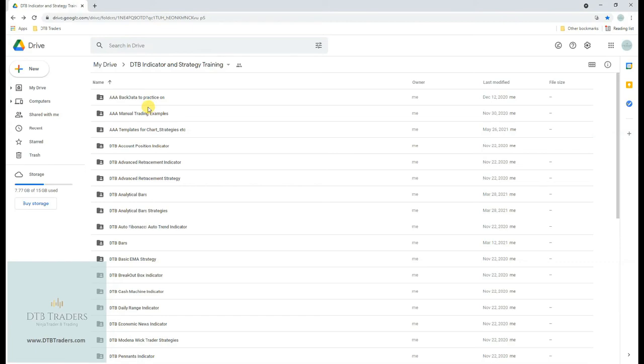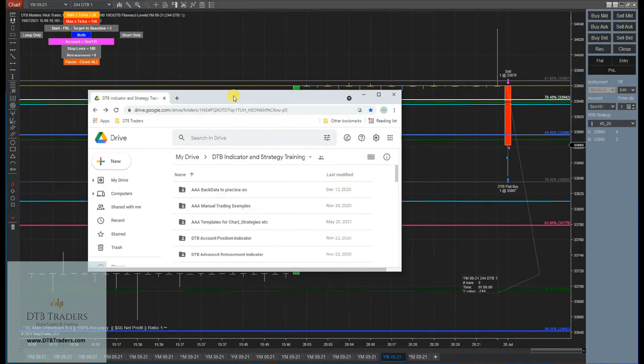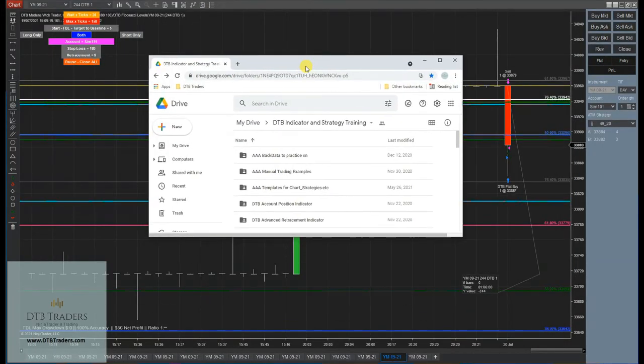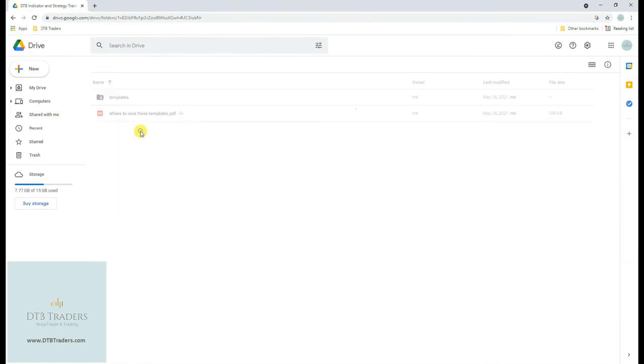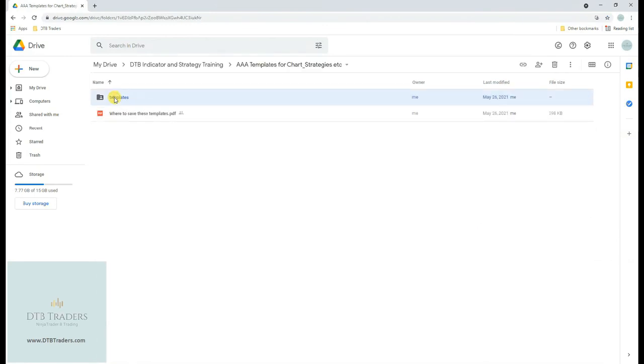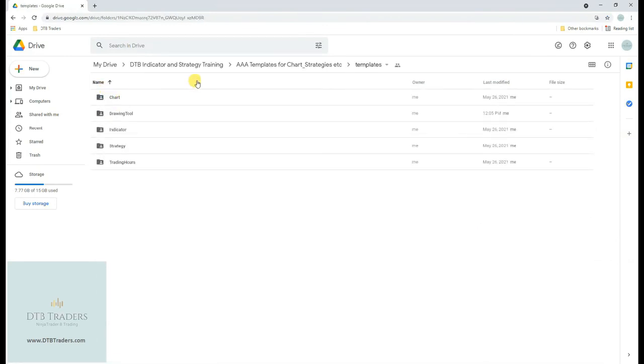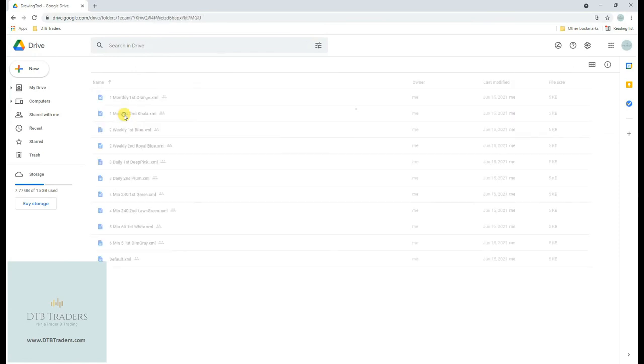This is the drive where all the training is for the tools. I have not actually put information in that folder yet for these levels, so I'm going to be doing that shortly. But a very, very important thing to do is go into the templates. Click on the templates, go into the folder and drawing tool. So here are the Fibonacci retracements.